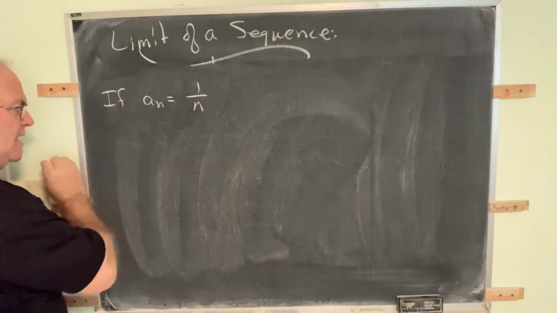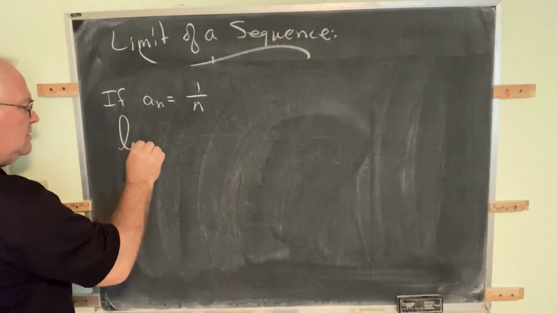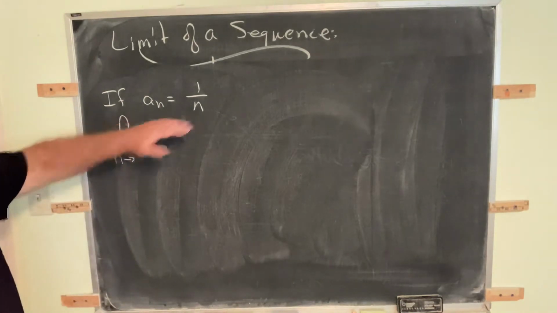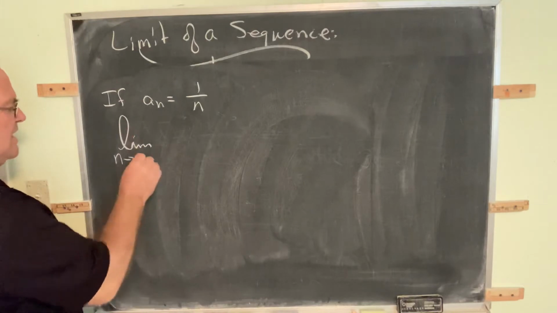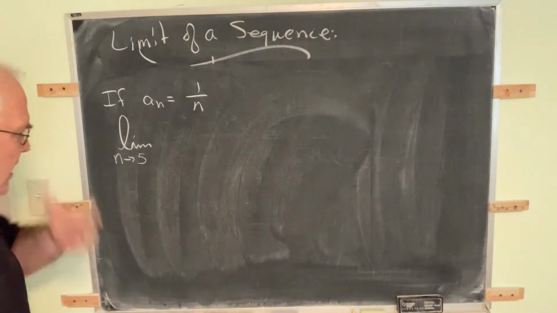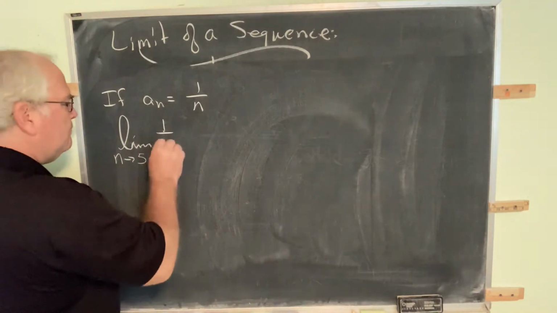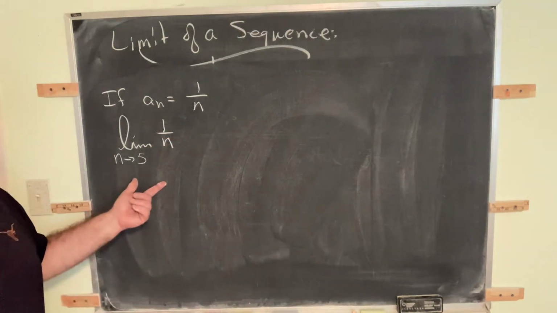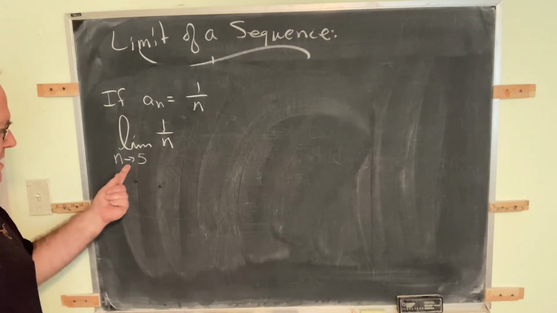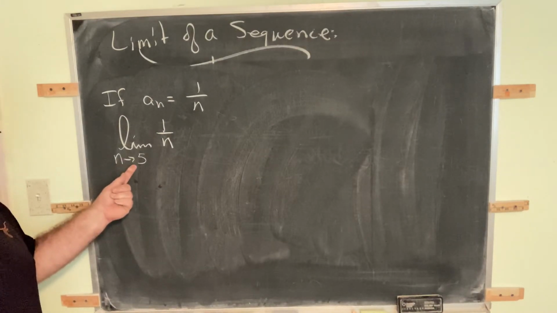It should make sense that this notion, pick a number in the domain, let's say 5. I'm just picking 5 out of the blue. It'll work with any value in the domain. This has no meaning, because this means as n gets very, very close to 5.